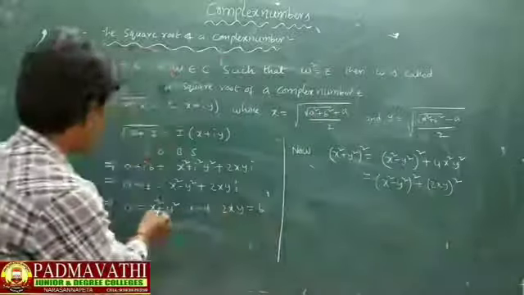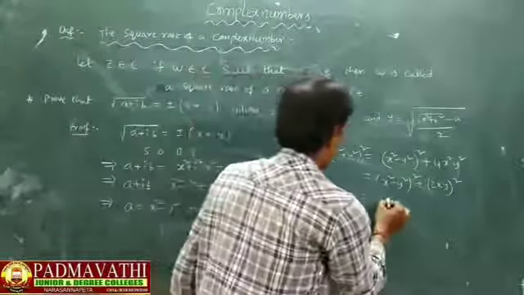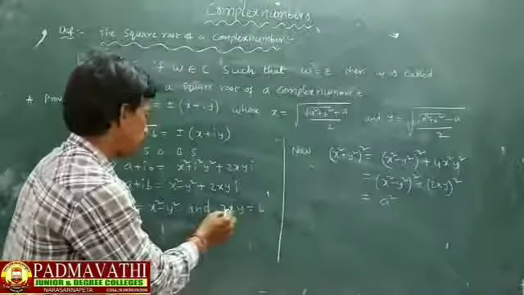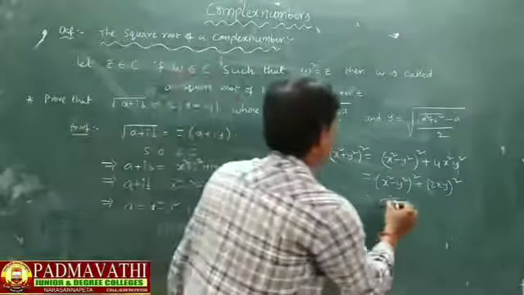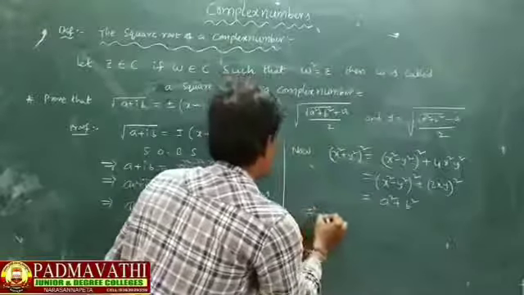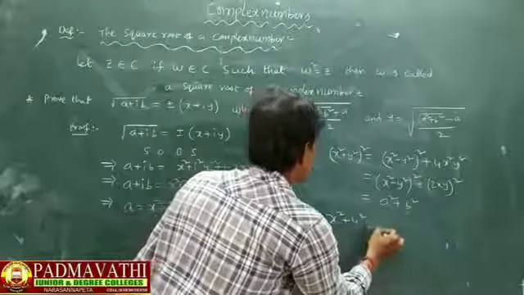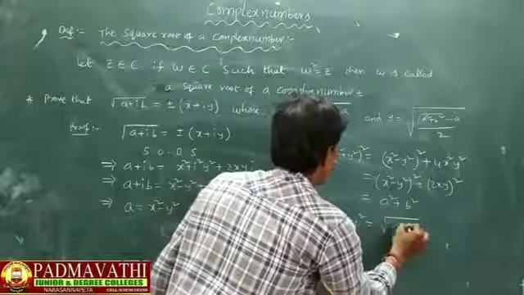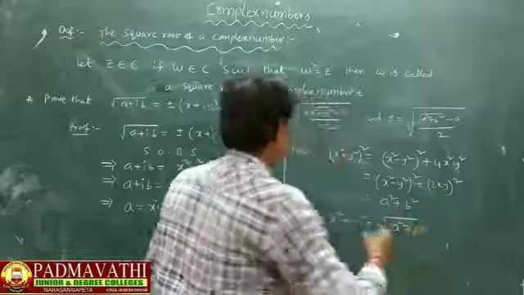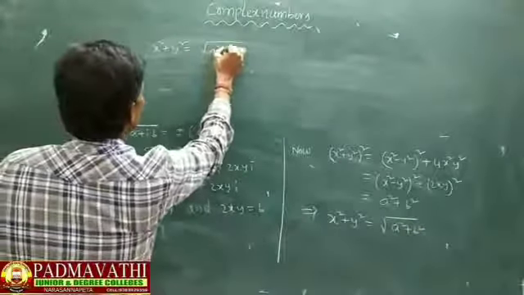We know that x square minus y square equals a, so that is a square, and 2xy equals b, so b square. So x square plus y square equals the square root of a square plus b square.